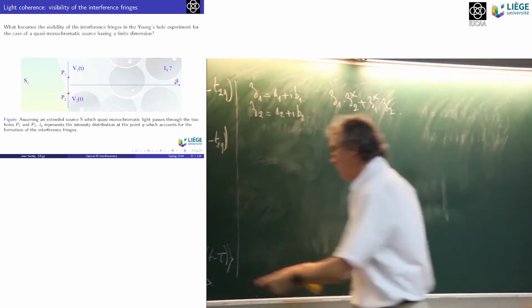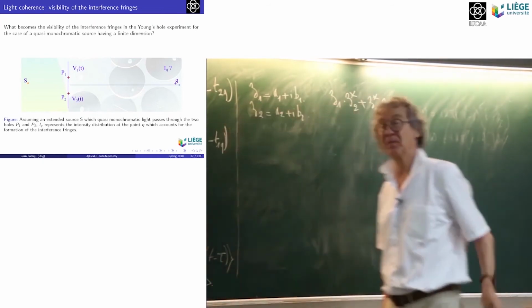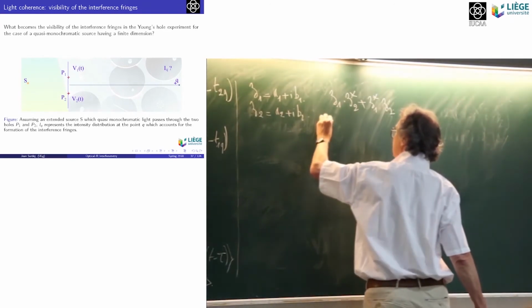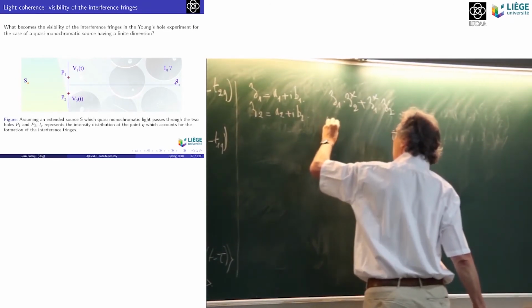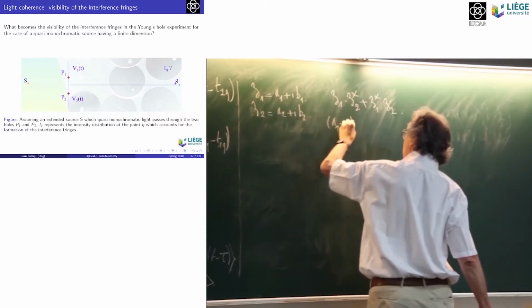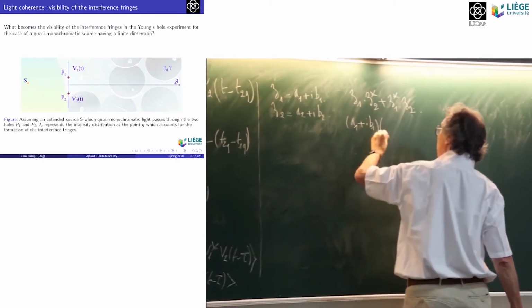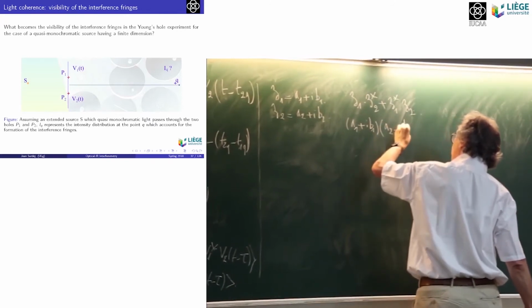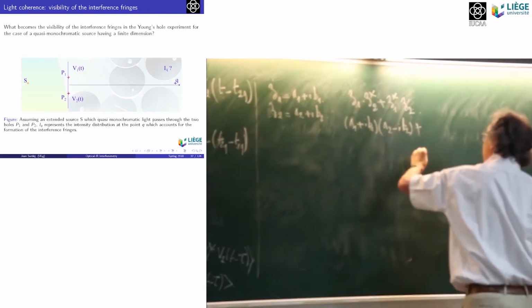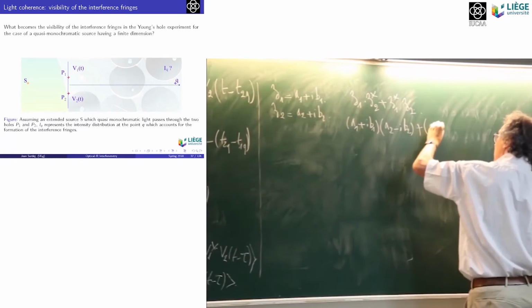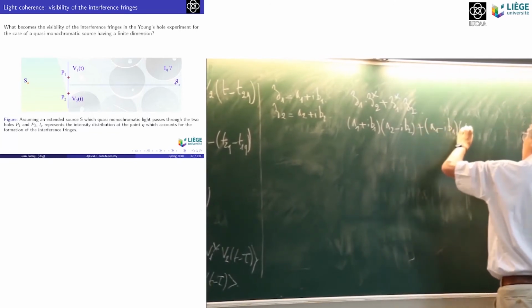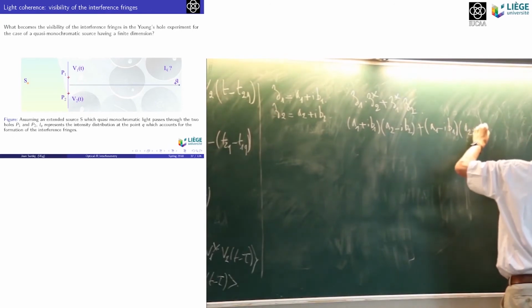So it just reminds you what we have here. So let's try to find what it will be equal to. So it's A1 plus iB1 multiplied by A2 minus iB2 plus A1 minus iB1 times A2 plus iB2.